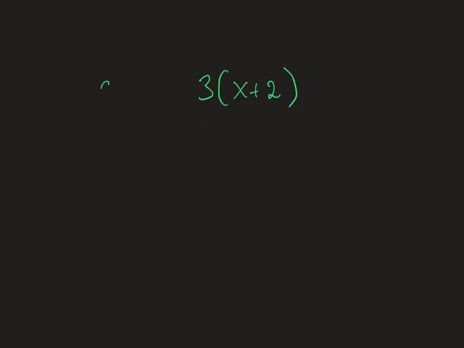So how do I check if I'm right? Well, to check if you're right, you have to do distribution. Now, distribution, as I showed you guys in the other video with my horrible, horrible example of Pokemon Go, remember the 3 would have to multiply both terms. In essence, it has to catch them all.